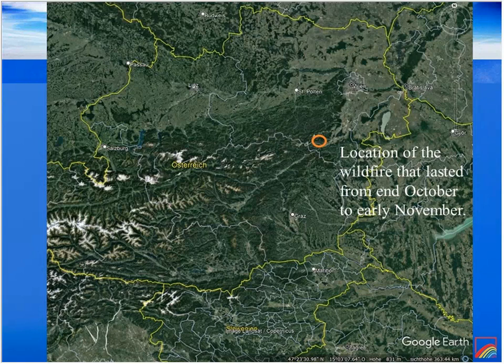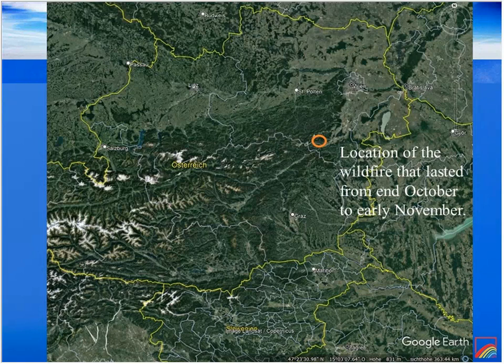I never saw and don't remember a wildfire that lasted that long and had such a huge extent. It was in the area of this orange circle, so it's already in the Alps, but not in the really high Alps. We have mountains of about 1,300 to maximum 2,000 meters, so not very high.